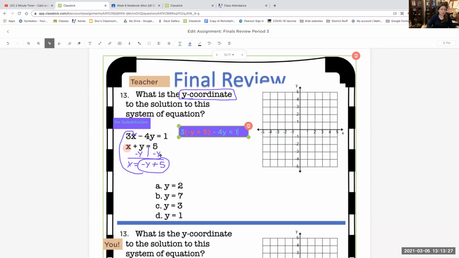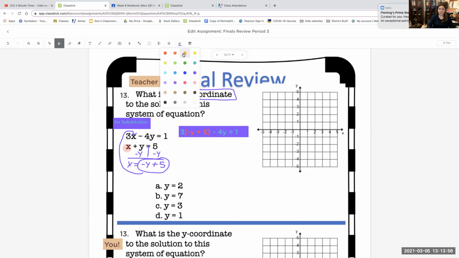Because I'm subtracting y from both sides. So 5 minus y, I can't do that. It would be right next to each other. Does that make sense? So again, when I have 5 minus y, the 5 doesn't have a y, so I can't simplify them.